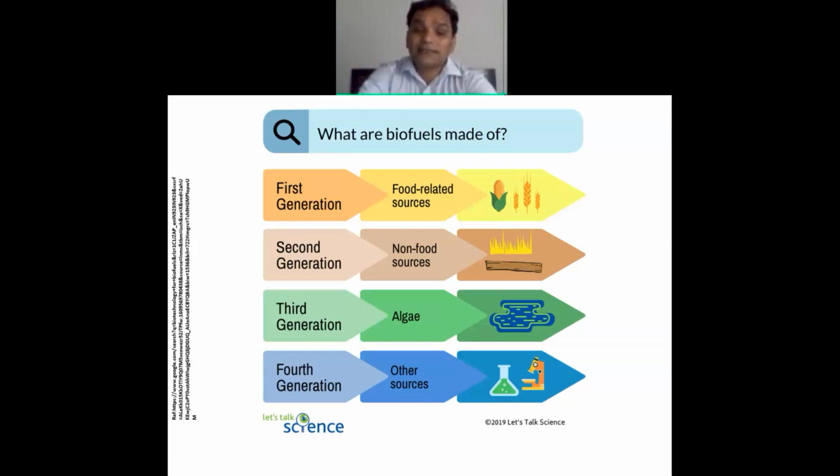Then there is the third generation, as we mentioned, with biodiesel and biofuel in that category. Algae is a prominent source there, grown and cultivated at large scale for obtaining fatty acids, and ultimately biodiesel. The fourth generation is genetically modified algae, working in a very refined and sophisticated bioreactor system.